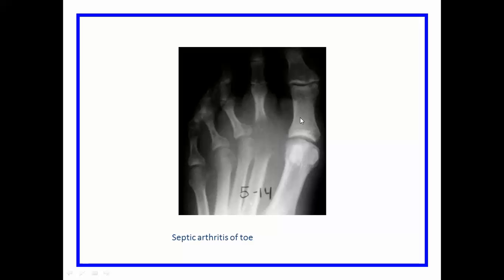The cause could be a wound, could be something iatrogenic, following football sport injury, something like that, and the end result will be septic arthritis. Here we find massive destruction of the bony parts forming the joint and soft tissue swelling. The texture of the bone is normal here and there, so we can exclude diabetic foot.